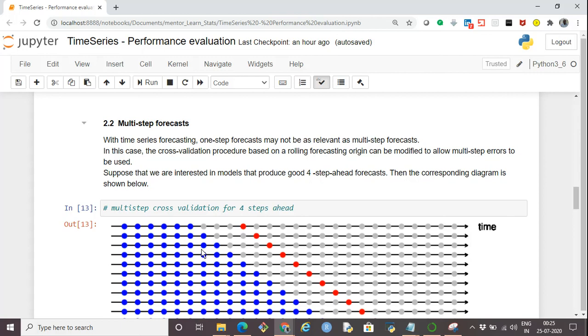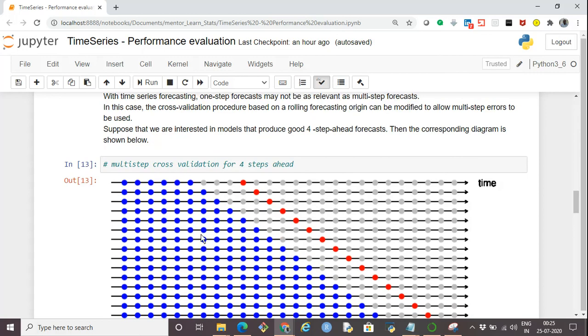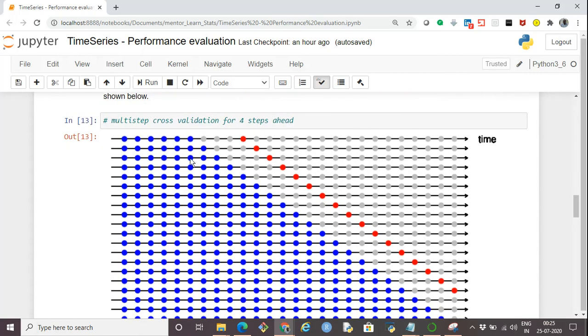So in this way, we are gradually increasing the window of the training data set one step towards the right, and we are forecasting 4 months ahead, keeping the distance between the timestamp where the training data set ends and the timestamp for which we are making a forecast constant.